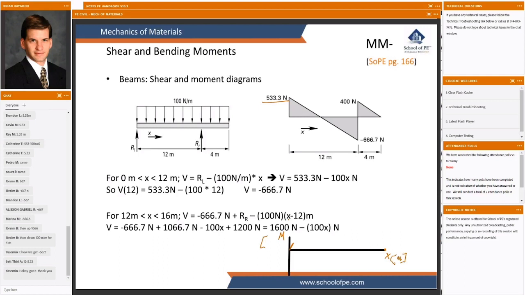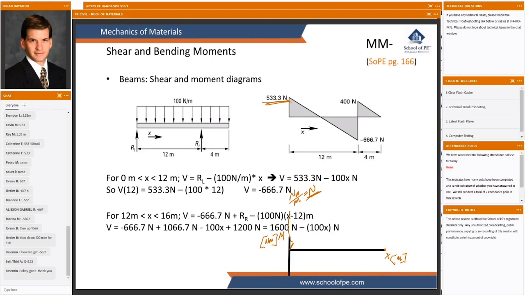The units on moment are going to be Newton meters. So the slope, rise over run, is Newton meters per meter, which is newtons. So if we look at this 533 newtons, that's 533 Newton meters of moment for every meter of x across the beam, and that makes sense.